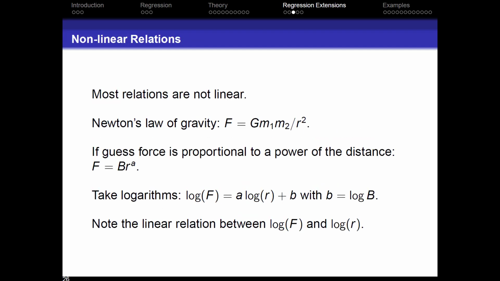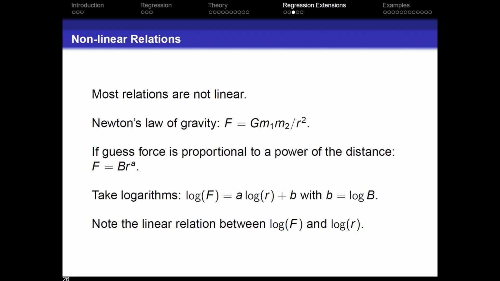So in this class by now, you should know we take logarithms. Right? When in doubt, take a logarithm. So Newton's law of gravity. Imagine we didn't know that it was r squared in the denominator. Imagine we thought force was proportional to the radius to some power a. Well, if we take logarithms, then we get the log of the force is a log r plus b, where b is the log of big B. Now we're in a situation where we can use the method of least squares, where we can use linear regression.